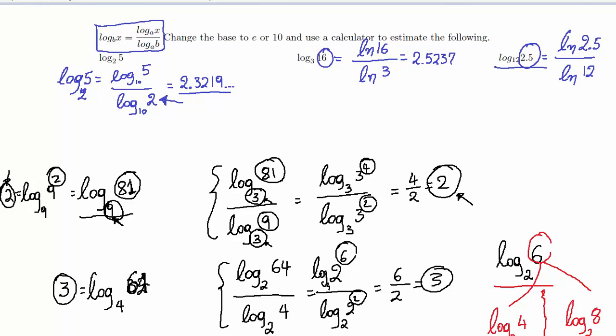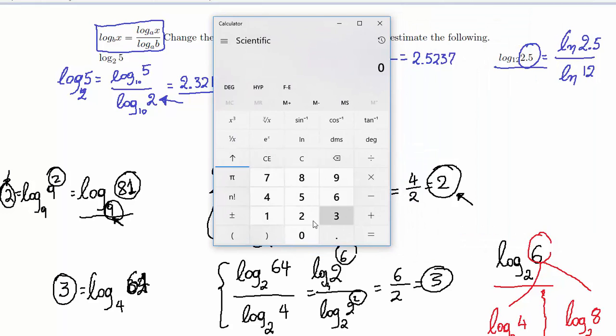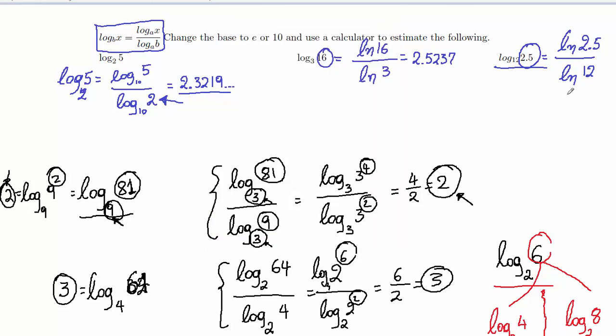And you are calculating that, and this will be, in this case, ln of that divided by ln of 12. First of all you put the 12, and then you calculate the ln. The result will be 0.3687. 0.3687. And this will be your answer.